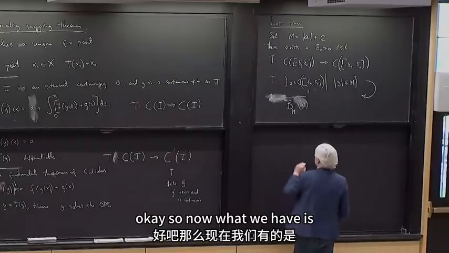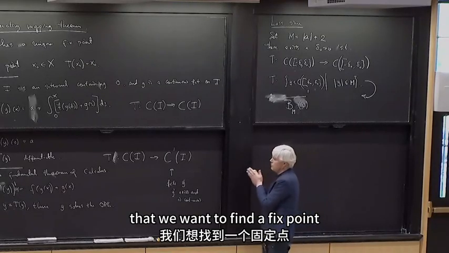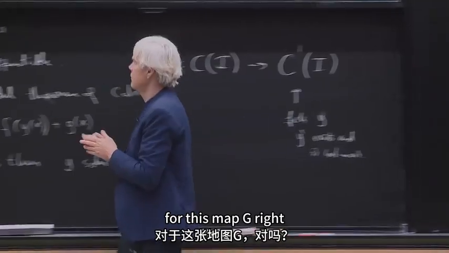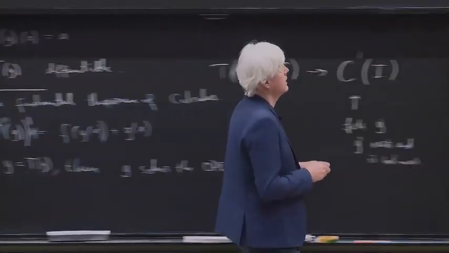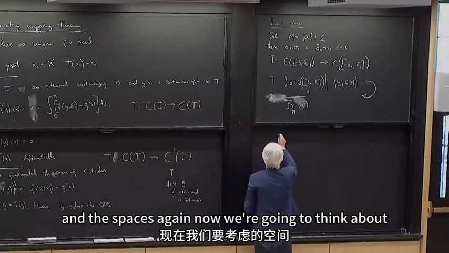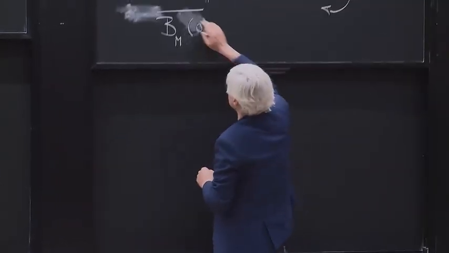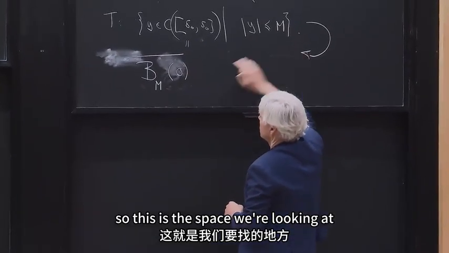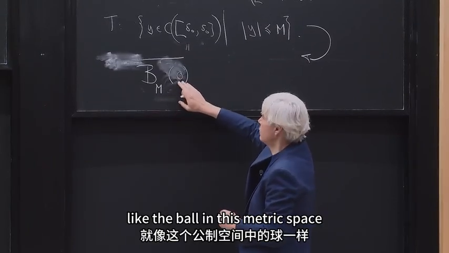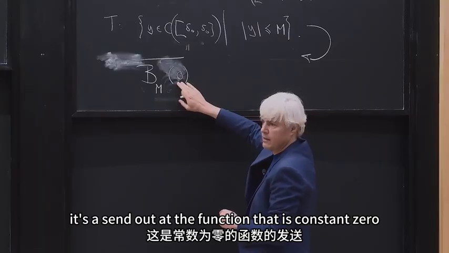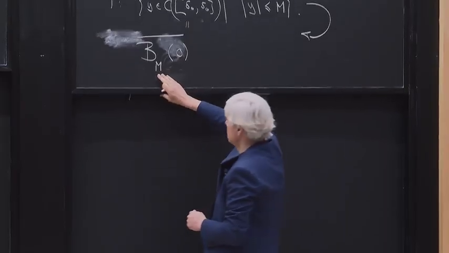Okay, so now the setup is that we want to find a fixed point for this map T, right? We have a space that we want to look at, and this is the space we're looking at, but this is what we before have denoted as the ball in this metric space, centered at the function that is constant 0, and this is the radius, right?